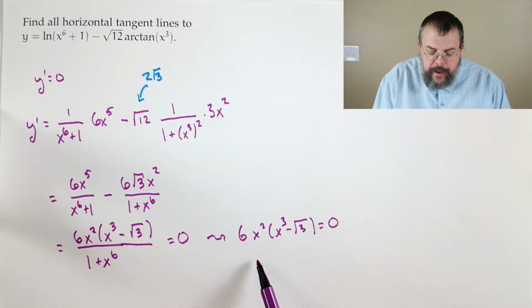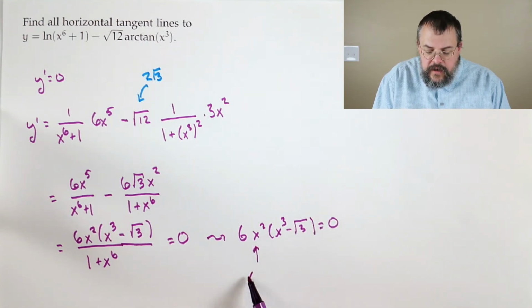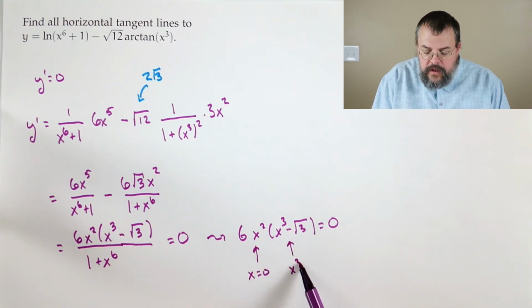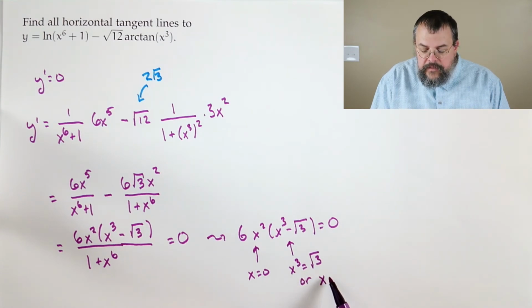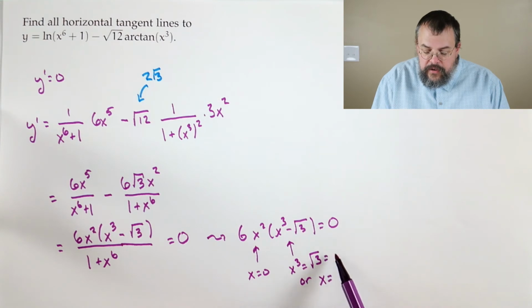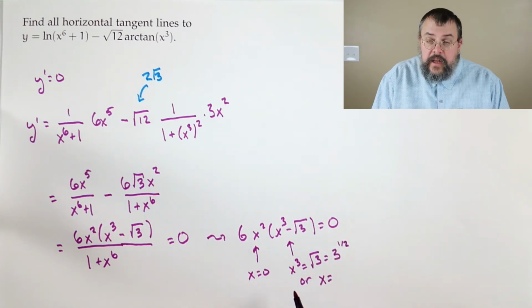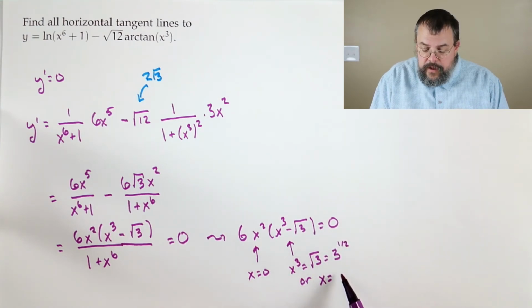Well, that could happen if x equals 0, okay, or if x cubed is the square root of 3. Or if you like, we could say that x is equal to, by the way, square root of 3 is 3 to the 1/2. Take the cube root, so that would be 3 to the 1/2 to the 1/3, which is 3 to the 1/6.